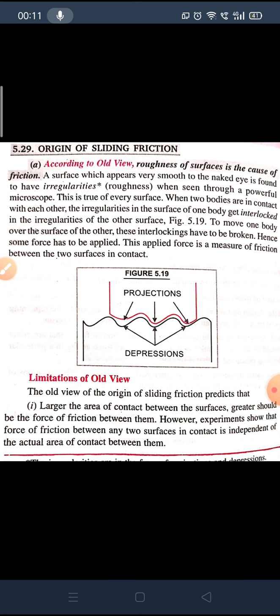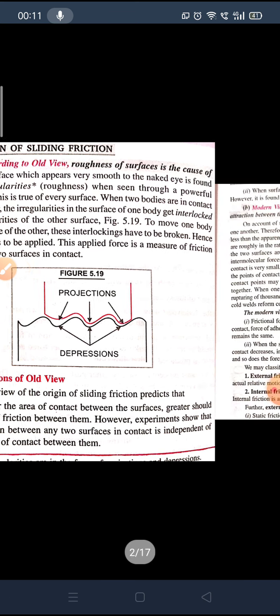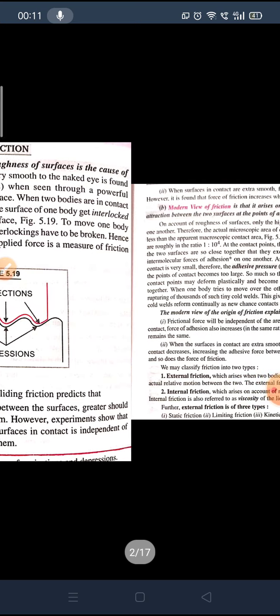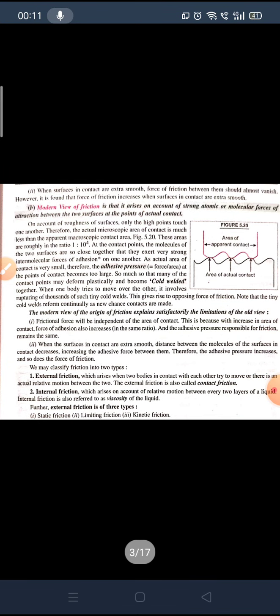And in the second point, when surfaces in contact are extra smooth, force of friction between them should almost vanish. However, it is found that force of friction increases when surfaces in contact are extra smooth.